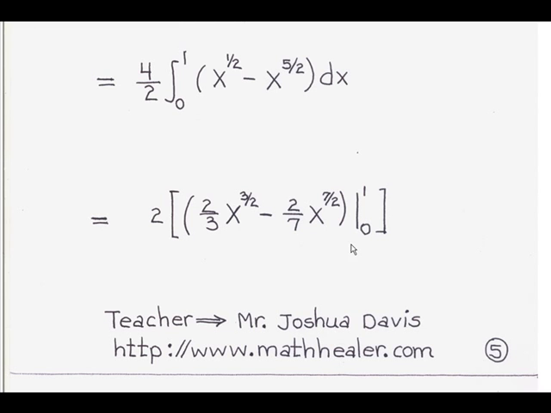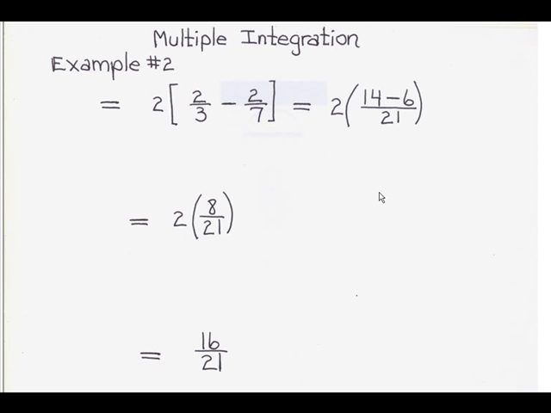So we did the integration. Now we're going to use the fundamental theorem of calculus and substitute in our upper bound and our lower bound. As a result, we now have 2 times (2/3 minus 2/7). Simplifying that, we notice that the greatest common denominator is 21.